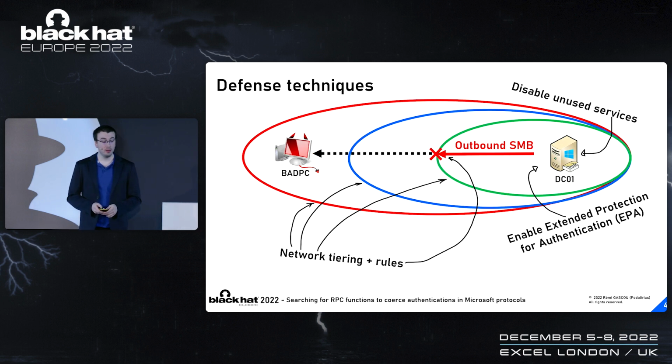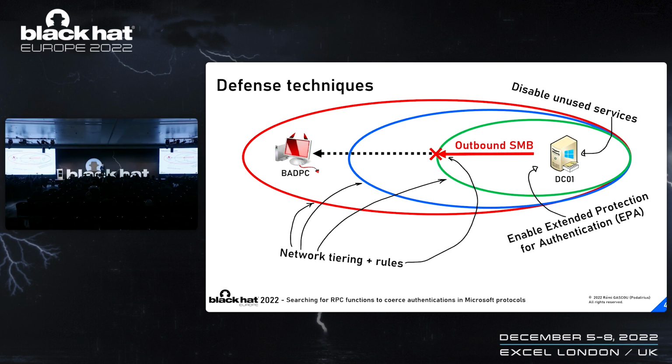And finally, you can put network segmentation on your network infrastructure and rules to prevent unauthenticated SMB from happening. For example, it's not normal if the domain controller connects back through three tiering securities to a machine in the DMZ on SMB. It seems weird.